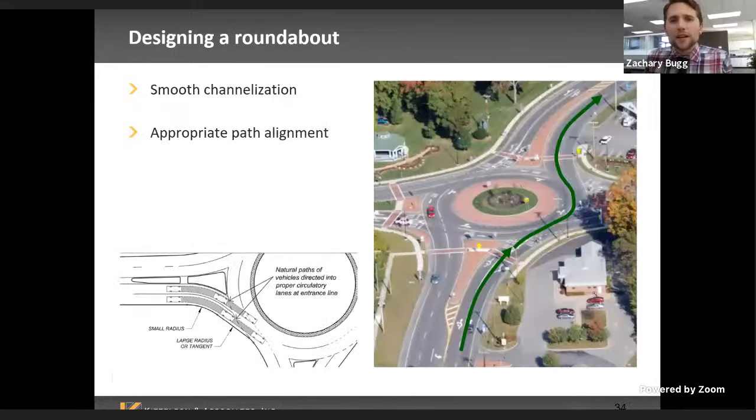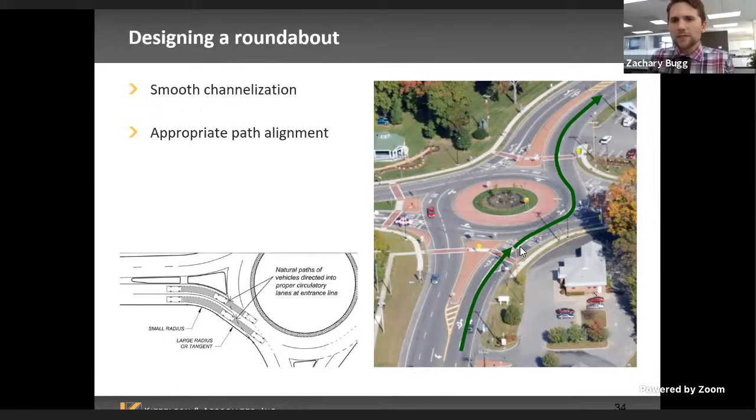All right. So you want to have smooth channelization. This just shows an example of what the fastest path movement might look like at a roundabout. You want to make sure vehicle paths don't overlap. Here we have a little bit of an issue with that, and it could be just the obliqueness of the aerial. But those of you that have taken multi-lane roundabouts, you've probably been cut off before.